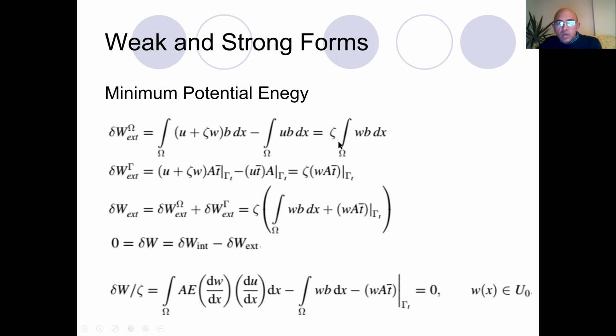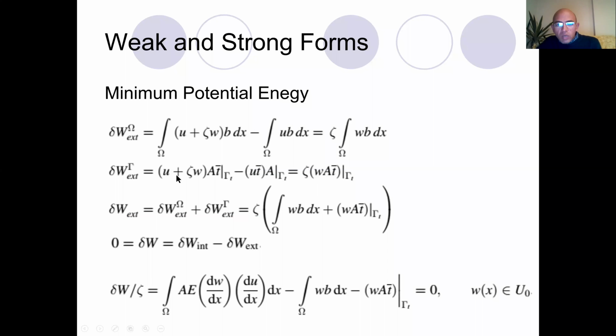From here, you can easily obtain that it is zeta multiplied by the integration of wb dx. W is an arbitrary function in the meantime, so we just choose an arbitrary variation in the displacement. And in fact, work done by the tractions is again identically calculated.